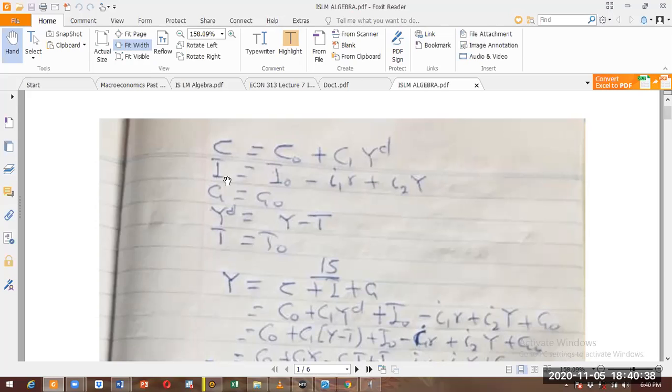Investment depends on the interest rate, but the relationship is negative. When the interest rate increases, investment falls. And also, investment depends on income.